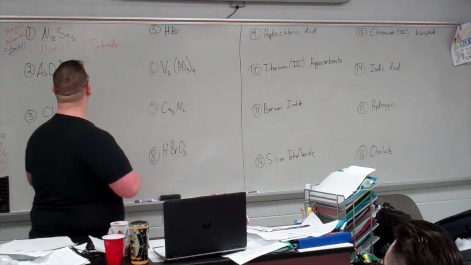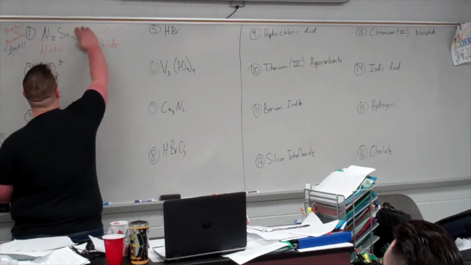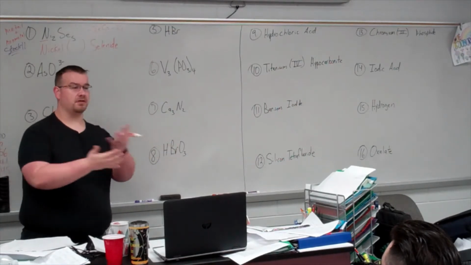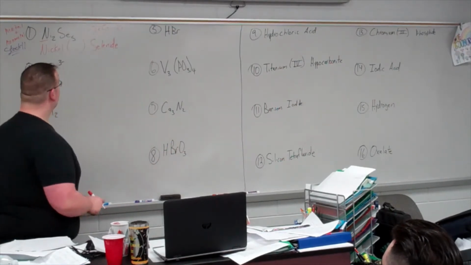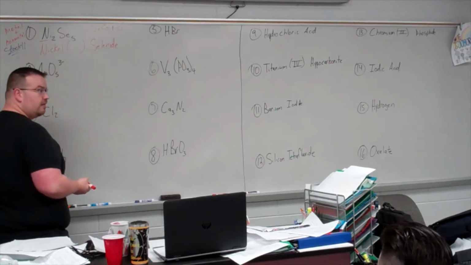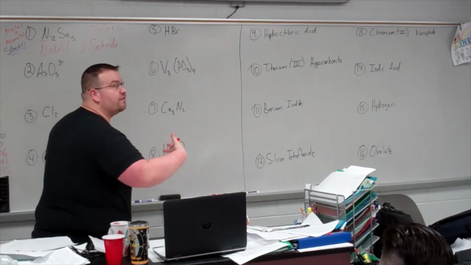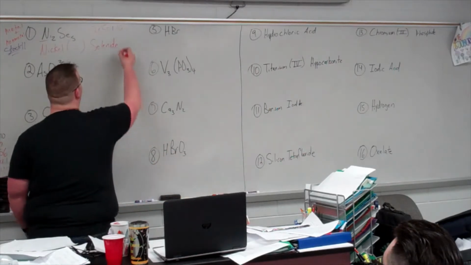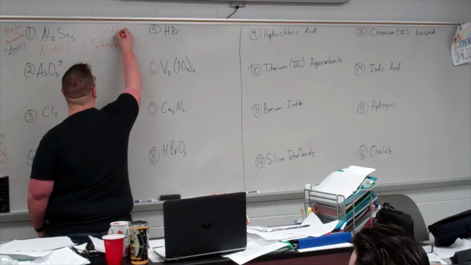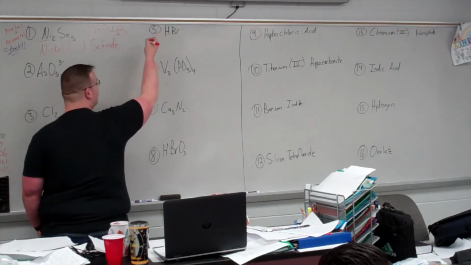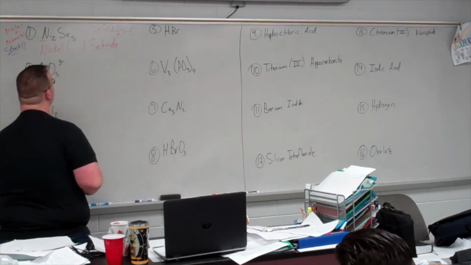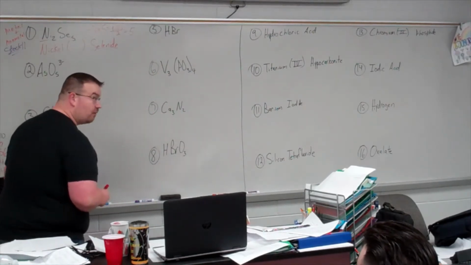The reason I know that is because there's no charge up here, so the negatives and the positives are balanced out. So I just change the sign to +10, but now I need to find the charge of each one of the nickels. So I divide this by however many nickel I have, which is 2. +10 divided by 2 is? Very nice, 5. That's the charge of the nickel.